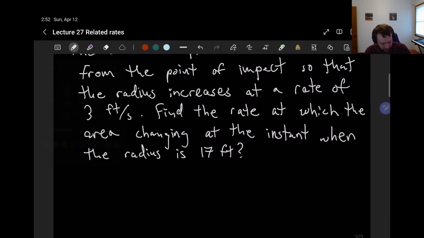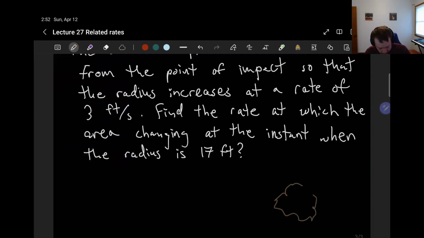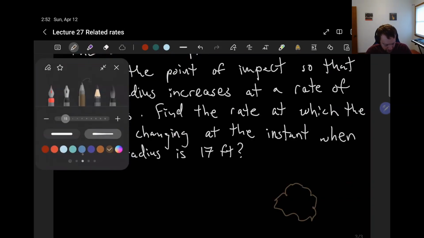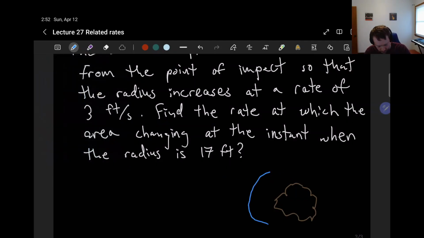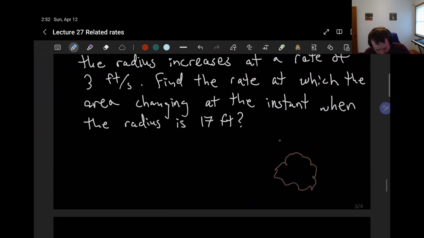Right, so you've got a rock. Maybe I'll draw a brown rock. Oh, it's not that way. There. Very beautiful rock. Okay, then outward from there, it's going to produce these circular ripples.